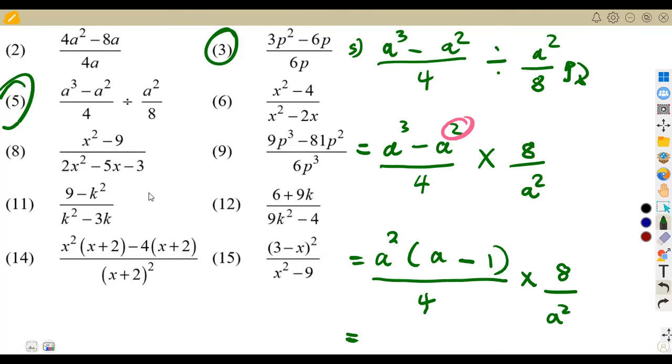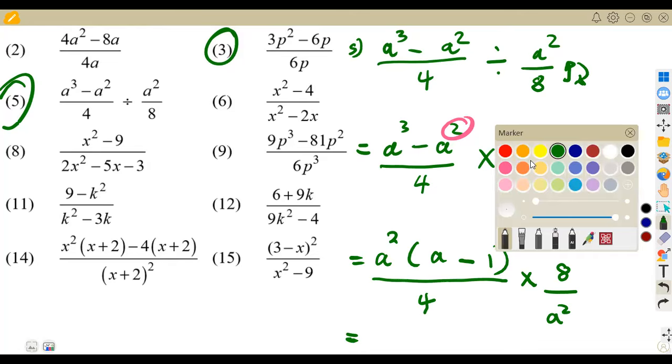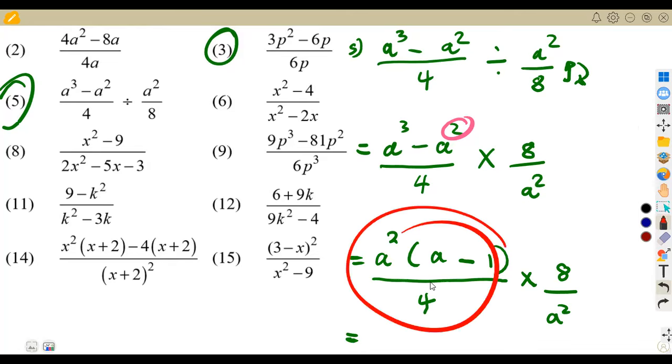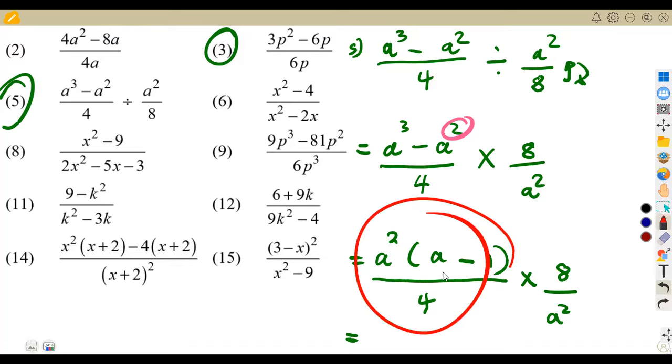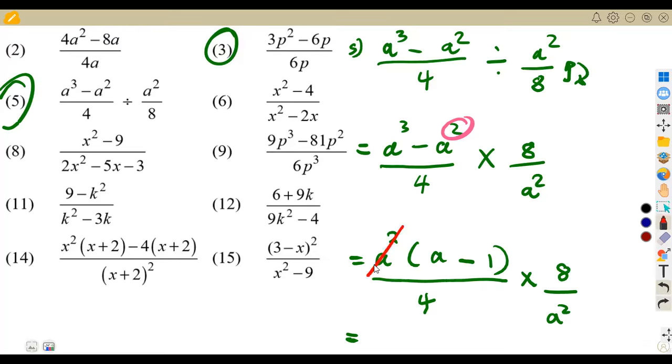So it does not matter if it is from the numerator of this fraction to the denominator of that fraction, or from the numerator of this fraction to the denominator of this fraction, as long as they are common. Like here, I've got a squared on the numerator. I also have a squared in the denominator. I can cancel that.